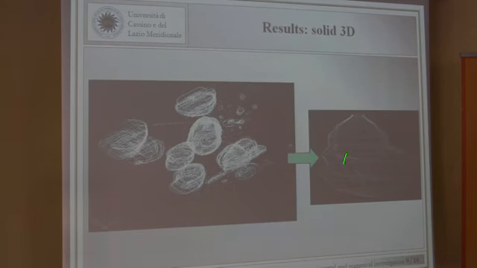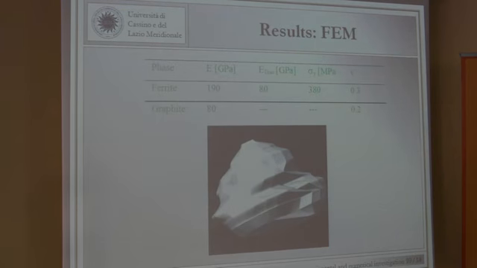This is a 3D solid shape of the real nodule. It's not a very spherical nodule. Then we use typical mechanical properties of matrix and graphite in order to study the simple volume of this material by a commercial FEM software.